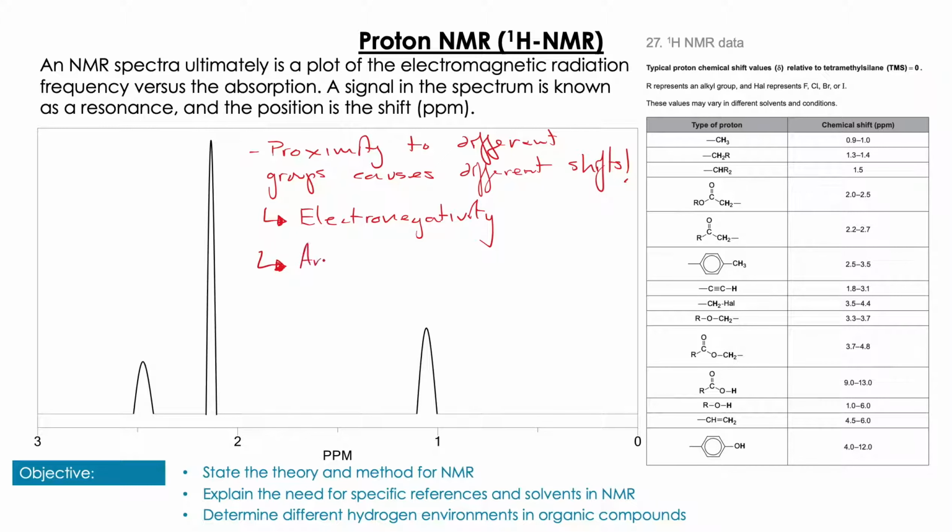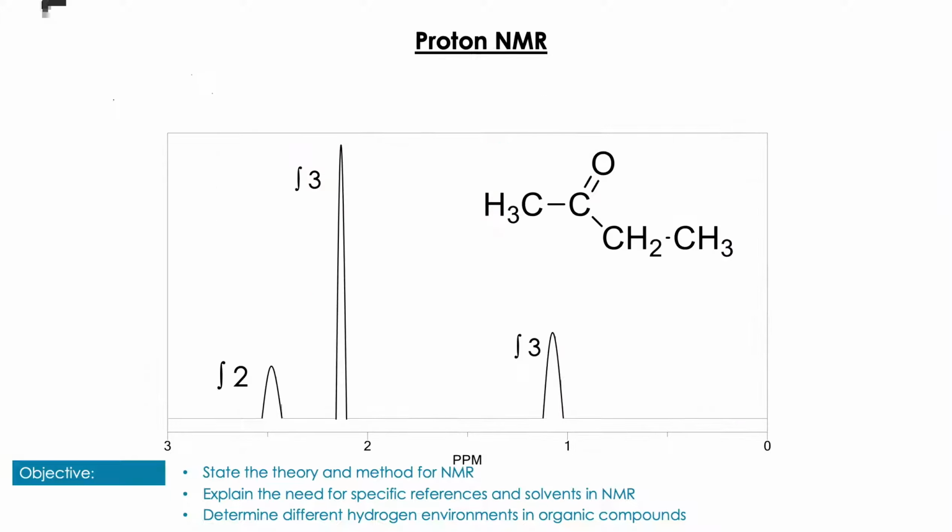And there are 3 main factors about these groups that are near the hydrogens that affect this shift. That's electronegativity, the aromaticity, that's a benzene ring, and hydrogen bonding. These 3 factors cause increasing shift that's moving to the left away from 0, and you can see that in the table in the data booklet. Groups associated with these factors have larger shifts.